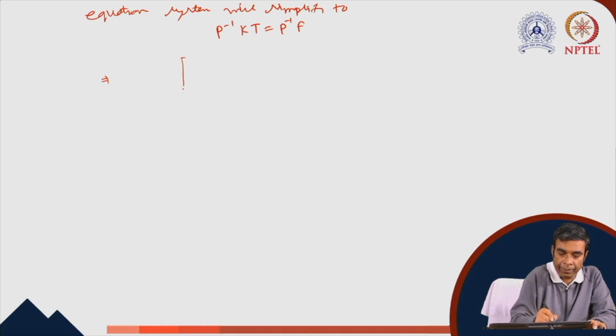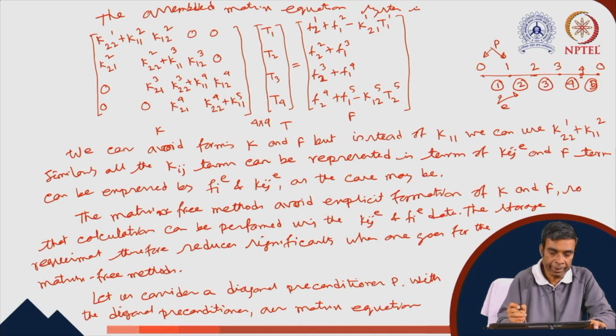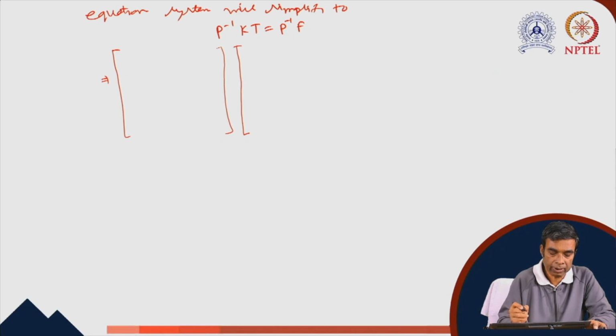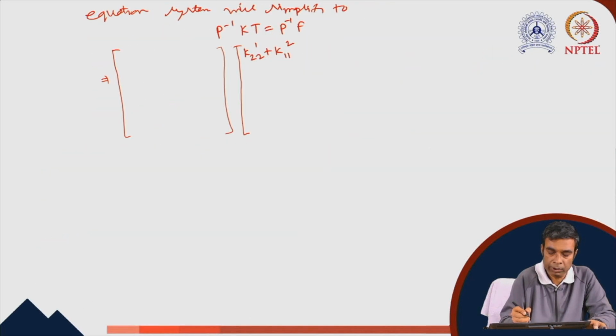Our K matrix we have as: first row K^2_21 plus K^1_12, K^2_12, 0, 0.